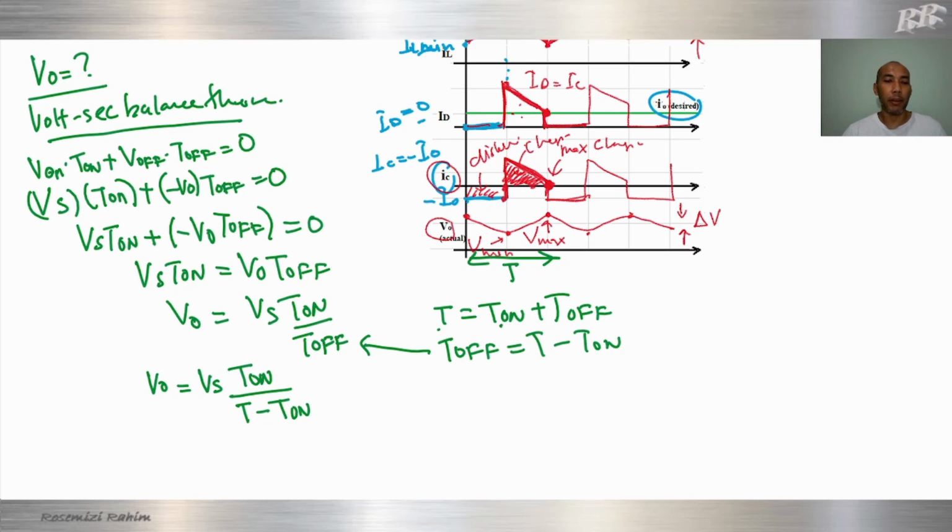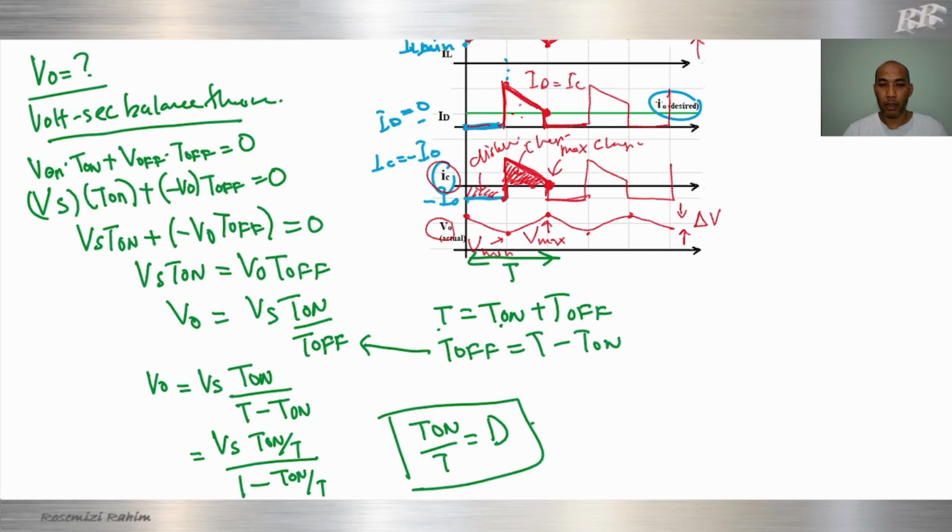Now we divide all by T and get Vs T on per T over 1 minus T on per T. We know that T on per T is equal to D, the duty cycle.